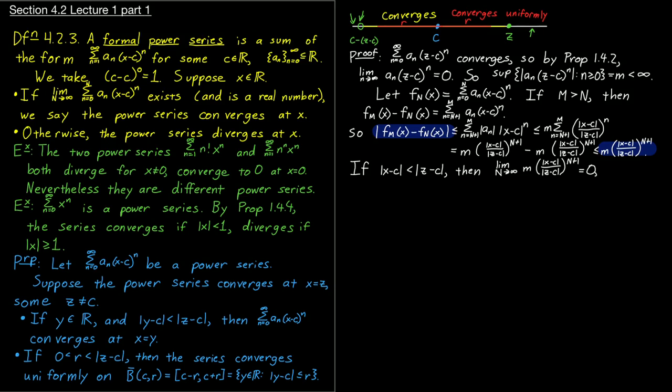So for every epsilon, if n is big enough, f sub m minus f sub n is less than epsilon. So it's not too hard to show that this means that the sequence f sub n of x is Cauchy, and we know that Cauchy sequences of real numbers are convergent.